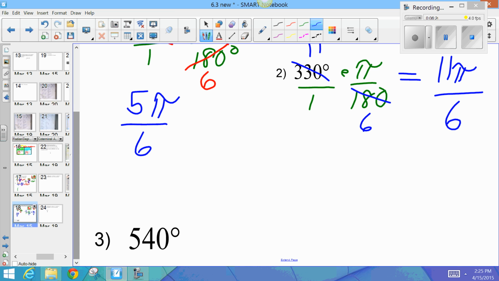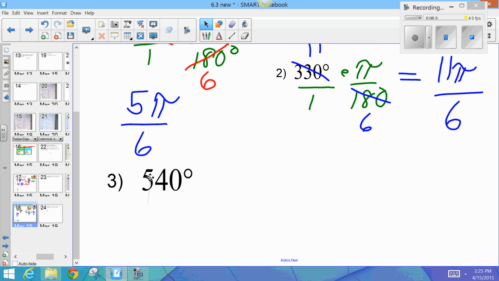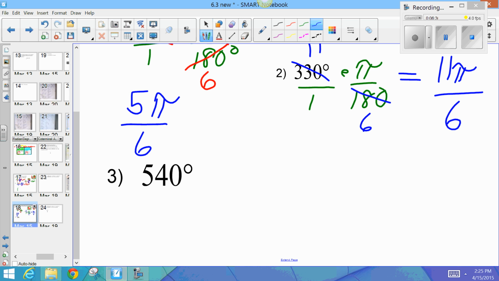And 540 is going to be multiplied by pi over 180. I'm trying to think what goes into top. I think 180 goes into 540. Let me see.